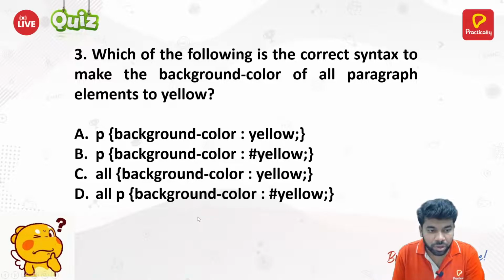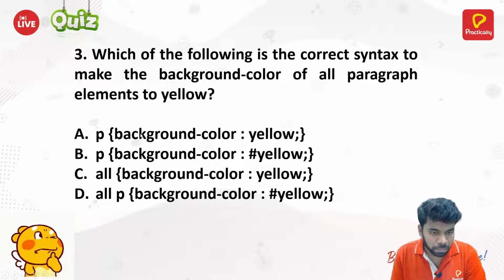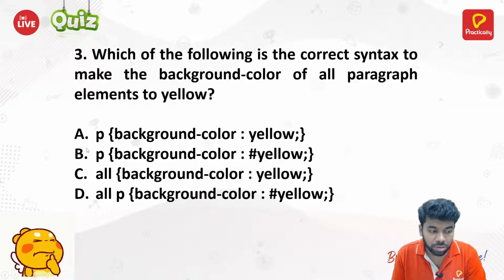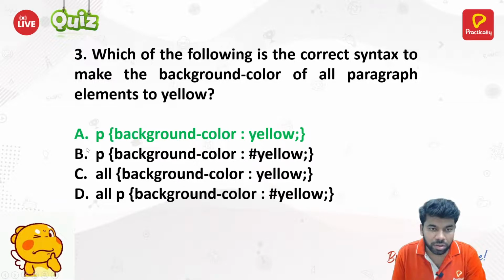So A, B, C, D. Which is the correct answer? Sankshipt, if you know the answer, you can comment. Otherwise, we will move to the next question. Okay. So yeah, the correct answer is A. Very good. You're getting the topics now.